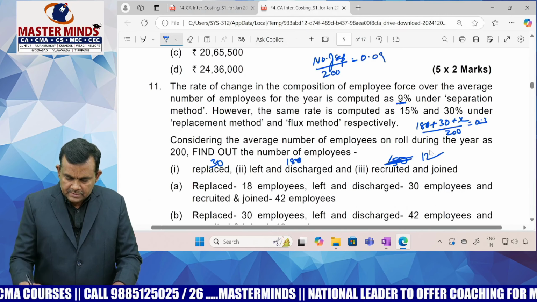So this is new recruits sir. New recruits plus replacements 30. This is X equal to new recruits, freshers plus replacements 30. So total joinings equal to 12 plus 30 equal to 42. Here the questionnaire is asking total joinings. So 12 plus 30 equal to 42.